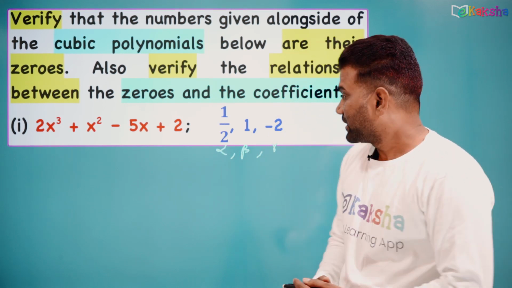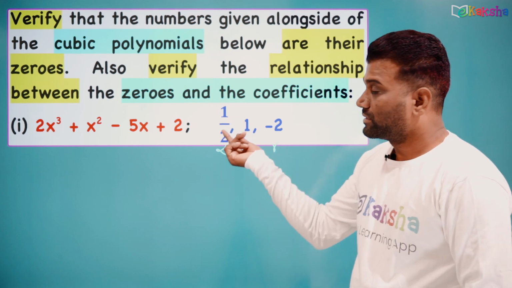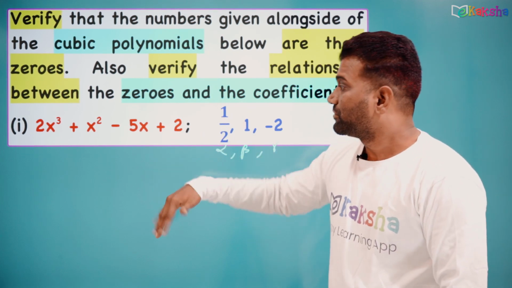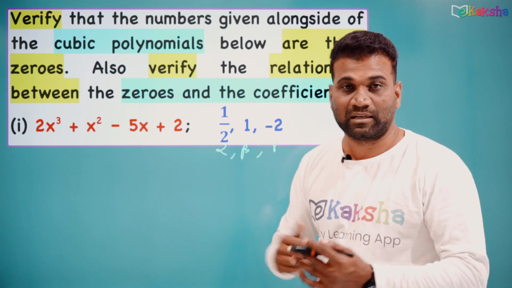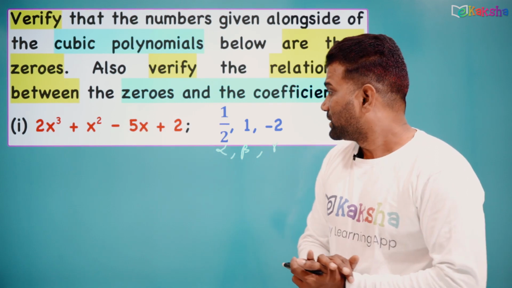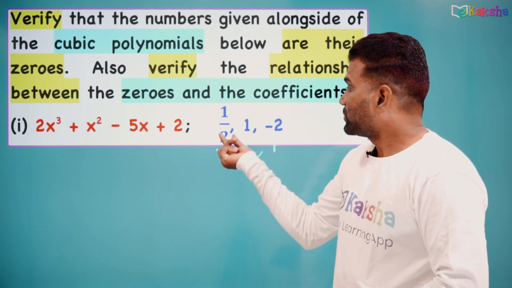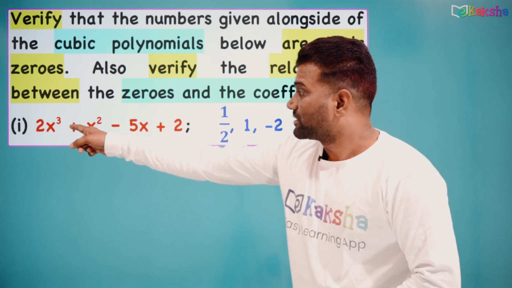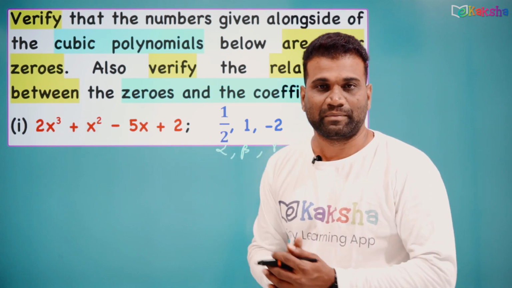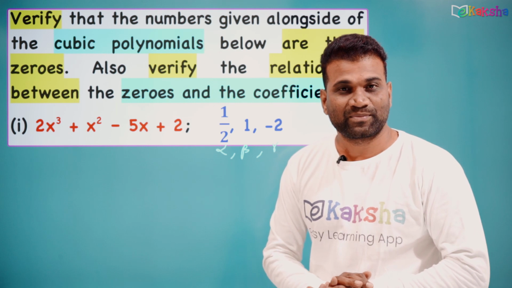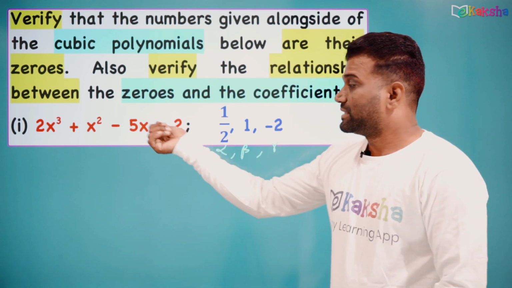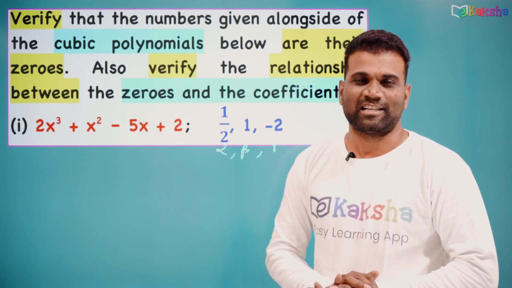So we need to check whether each number is a zero of the given cubic polynomial or not. What we have to do is simply substitute the number in place of the variable of the given polynomial. If we get 0, then the number is a zero of the polynomial, otherwise not.